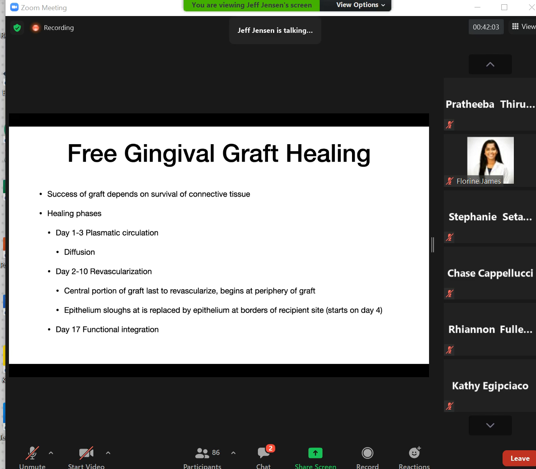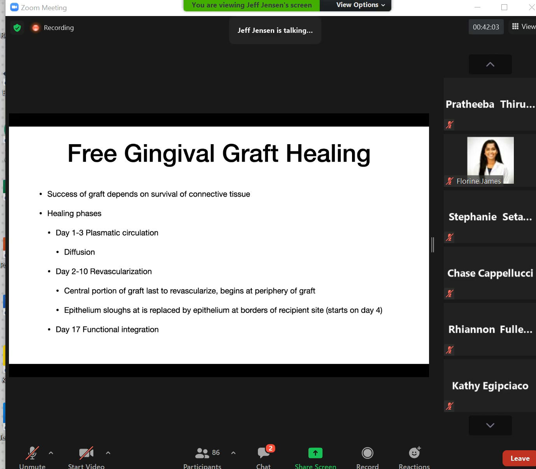I used the stent to cover the palate. So the stent is to cover where I took the graft from. The dressing covers the recipient site where the graft goes.